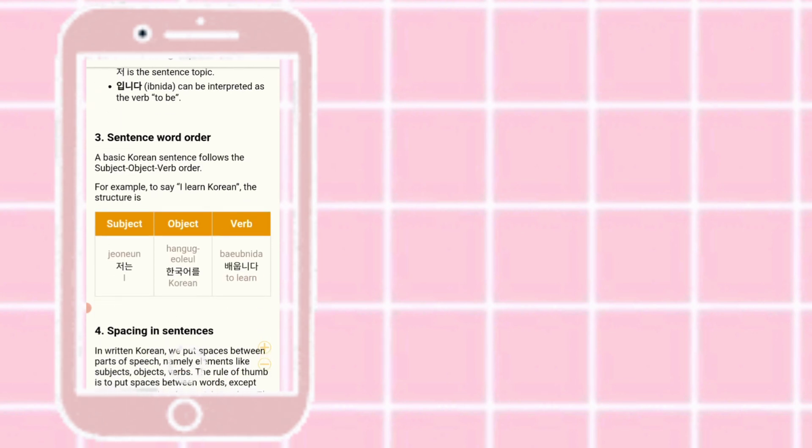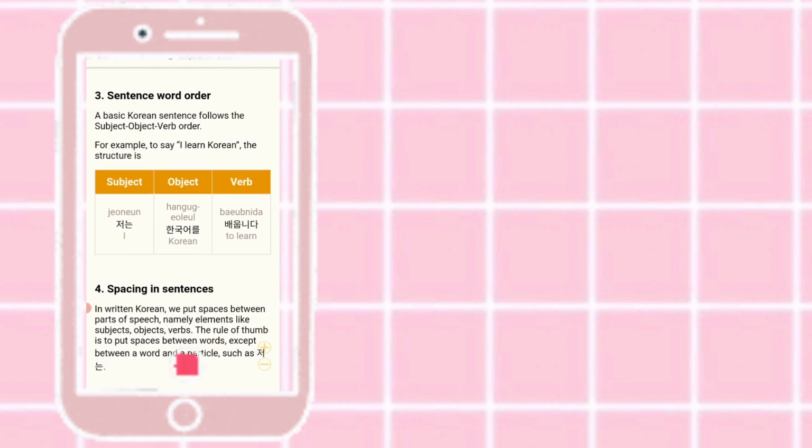Let's go for the next one, which is sentence word order. The basic Korean sentence follows a subject, object, verb order. If you're a really good English grammar person, you will know that English doesn't go subject, object, verb.